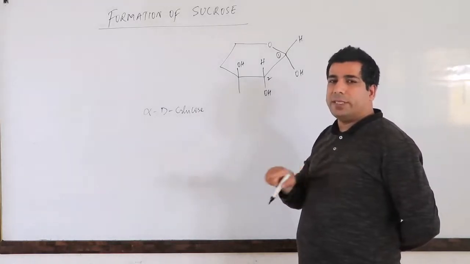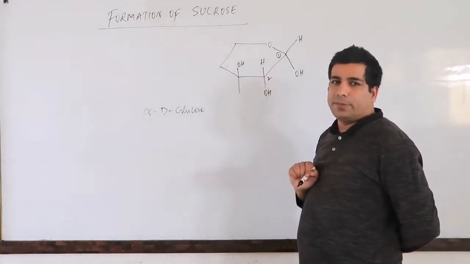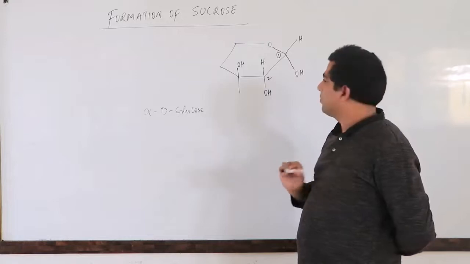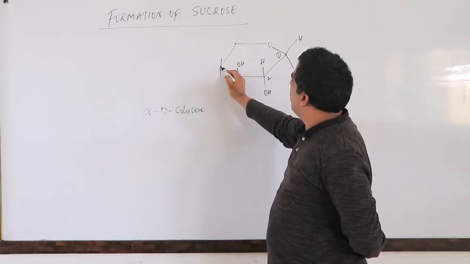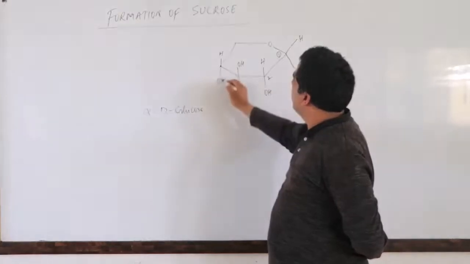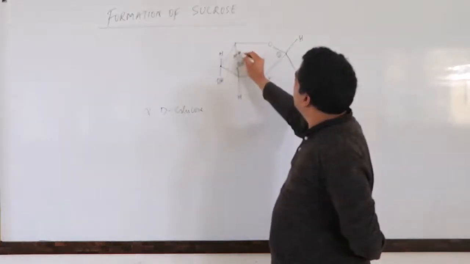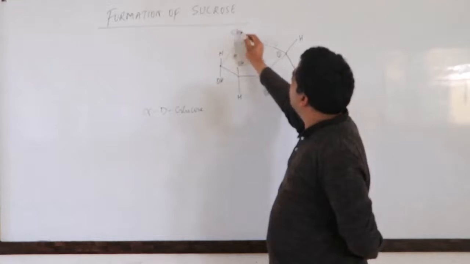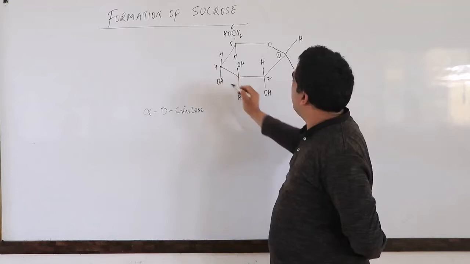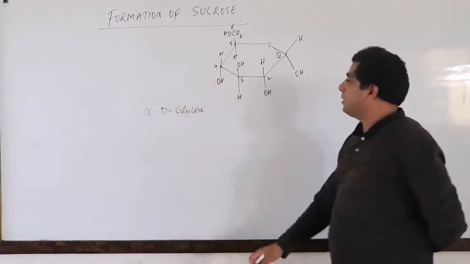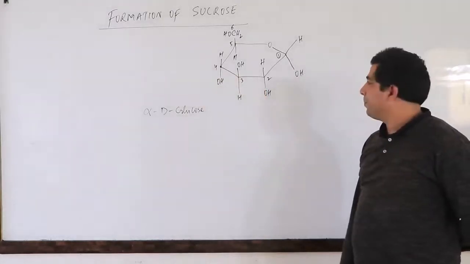Left side basically means up, right side means down. So here, my dear friends, we'll be having H, OH, H, and then finally CH2OH. That is the sixth carbon, fifth carbon, fourth carbon, and third carbon. This is our alpha D glucose molecule.